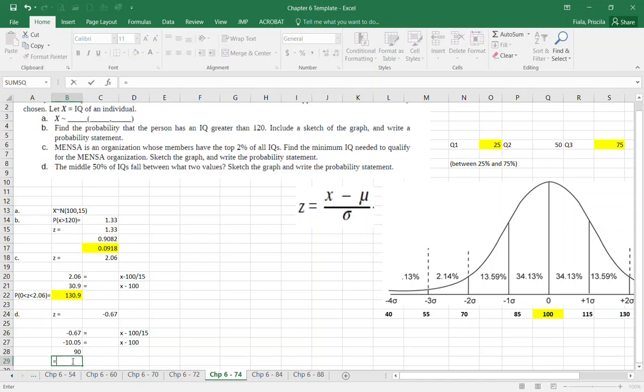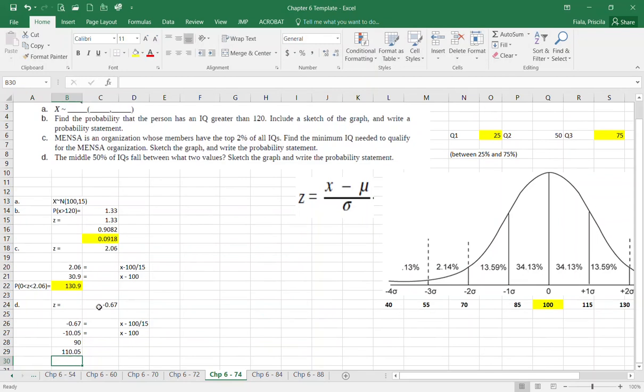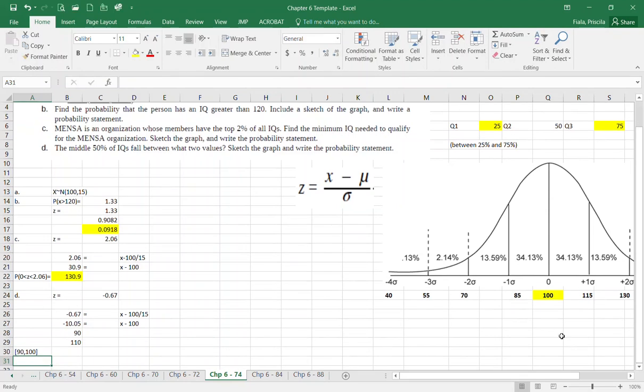I'm doing a positive side plus the 100. Okay, and then if you round those values, so your range would be between 90 and 100. This area right here. So the middle of IQs falls between these two values here, 90 and 100, which would be right here.